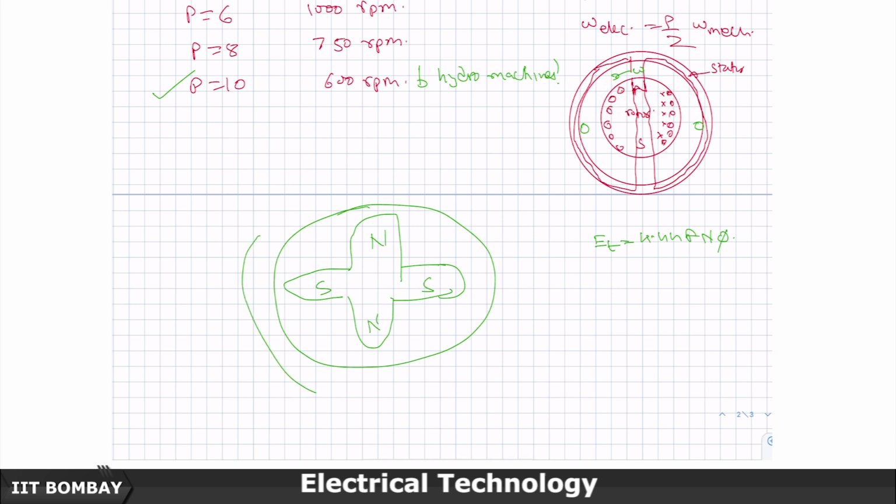Instead you will have salient pole machines. Because the speed is low, the centrifugal force, m v square by r, or m omega square r, is going to be much smaller. So the construction is going to be manageable.